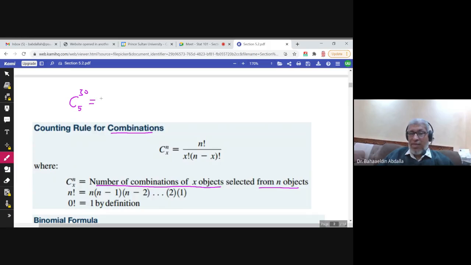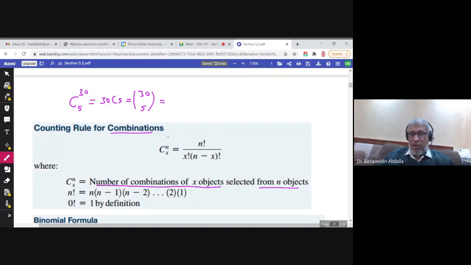We write it like this, or in the calculator we write it like this, or you may see it like this also. All of these symbols are symbols for combination. So when you see this symbol, it means N factorial over X factorial times N minus X factorial.